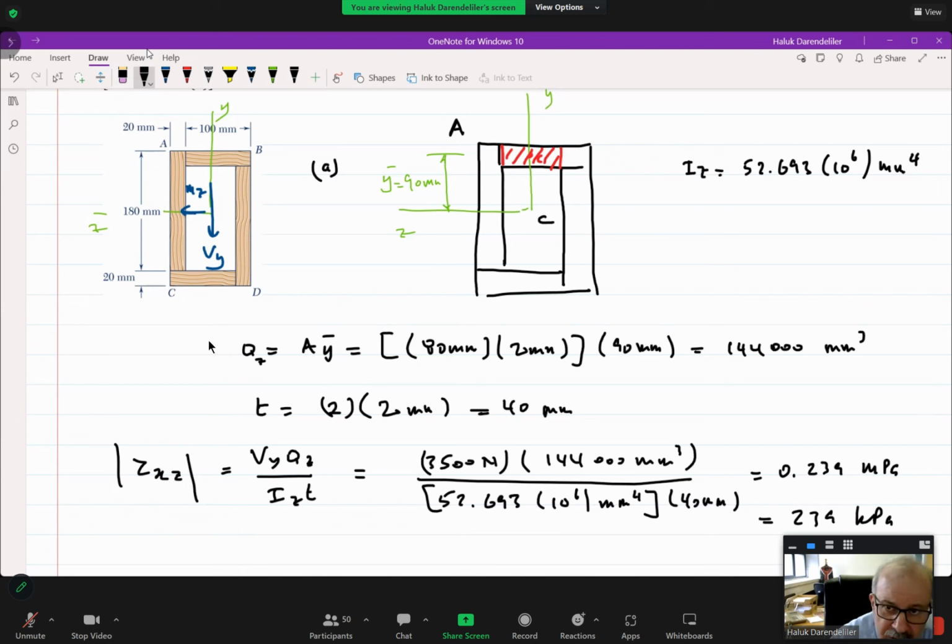Why did I write it is magnitude? Friends, look here carefully. Now we have one stress here, which is tau on the x-plane in z direction. This is equal to minus 0.339 megapascals. However, the other stress here is again this one, tau xz, but it's equal to 0.239 megapascals.